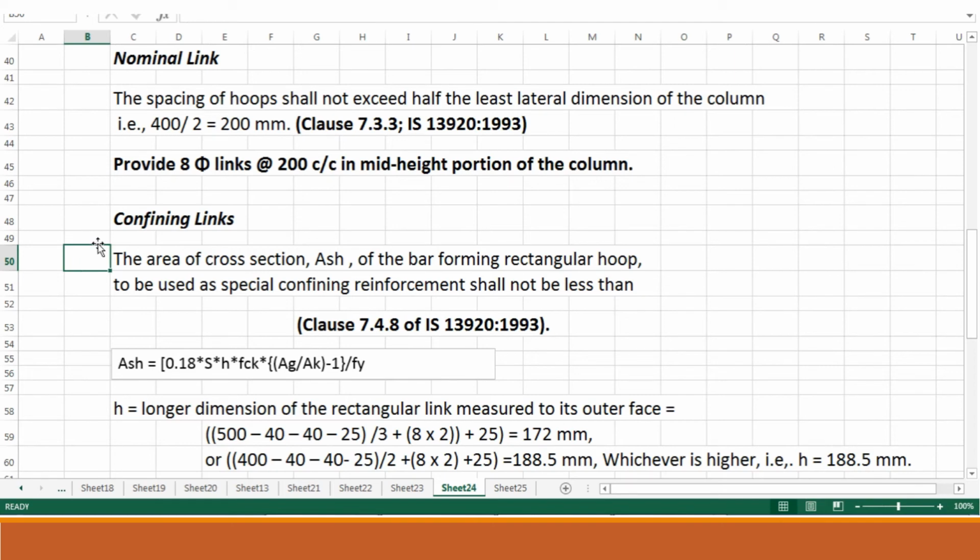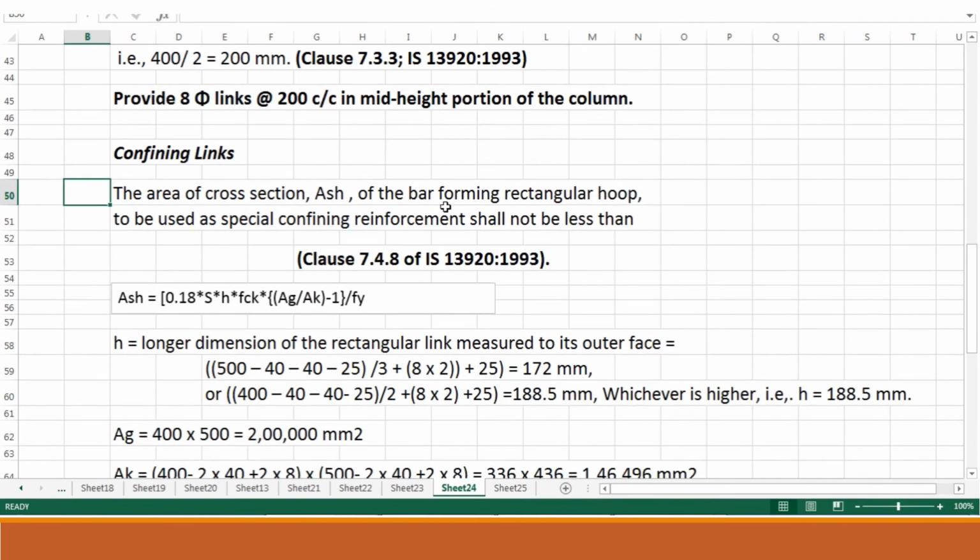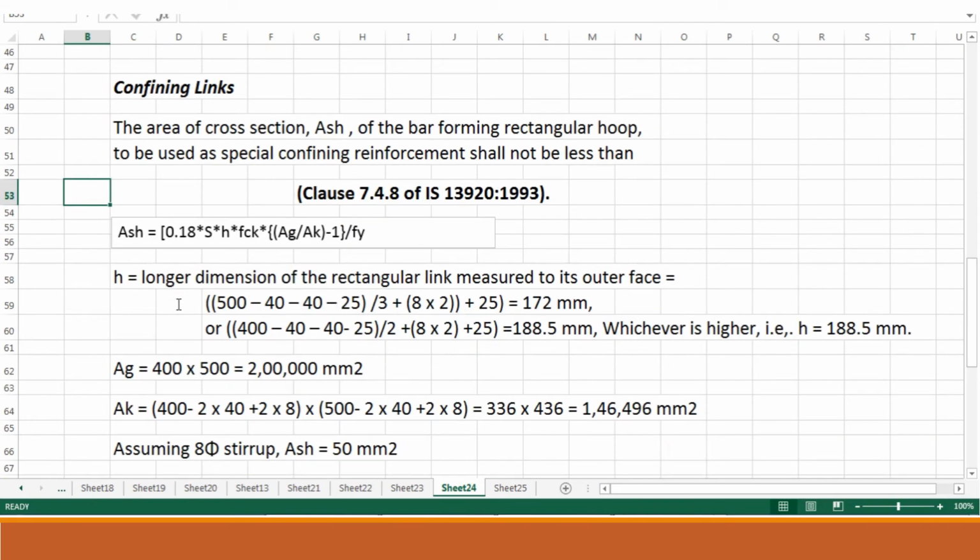The area of the cross section Ash of the bar forming the rectangular hoop to be used as special confining reinforcement shall not be less than what we have, as per clause 7.4.8 of IS 13920.